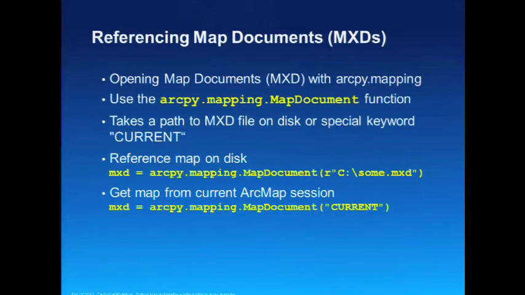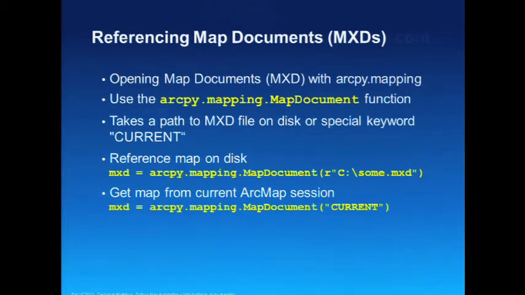We also have the idea of running your code against the ArcMap application, the map document that's currently loaded inside of ArcMap. So we use the keyword CURRENT only in those situations where ArcMap is physically open and my script is running against the objects that I'm physically looking at, versus going out to disk and doing it to that thing out there. Again, the documentation talks about out to disk or to current and when to use them.